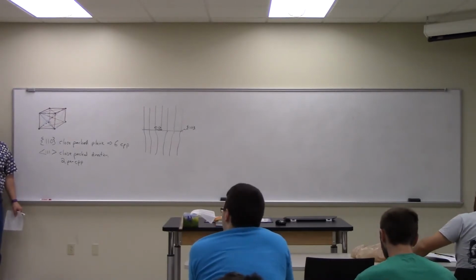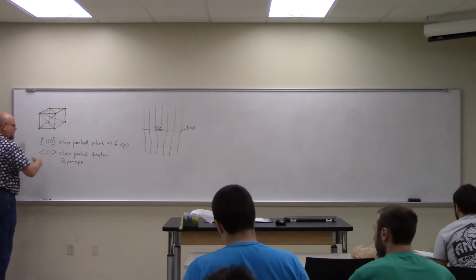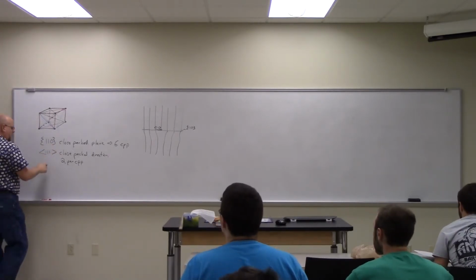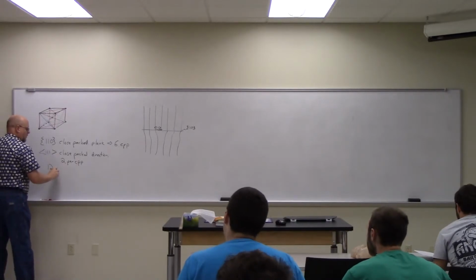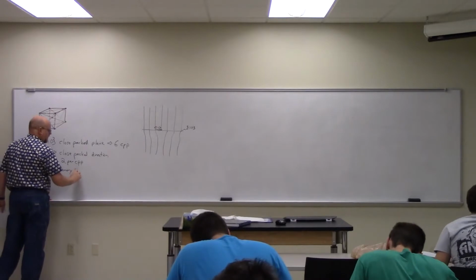Make sense? Okay. So that means 2 directions per close packed plane, 6 close packed planes. There are 12 what we will call primary slip systems.